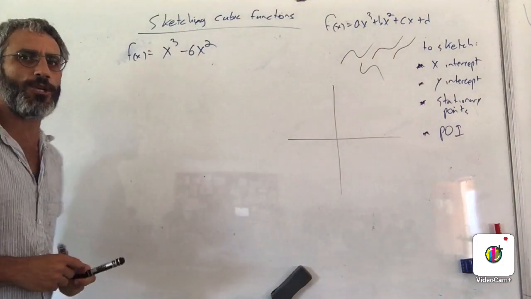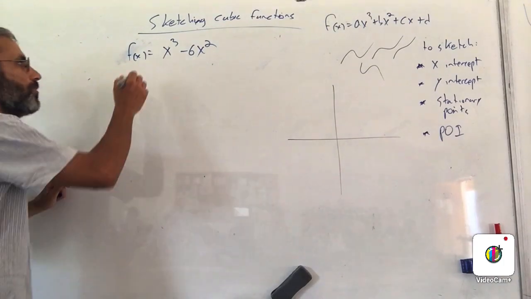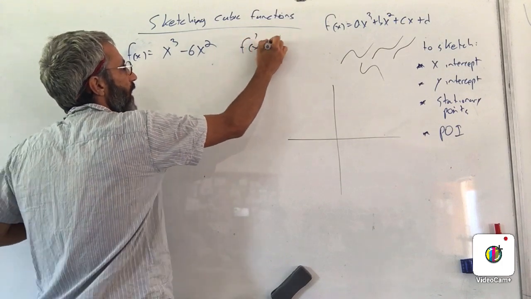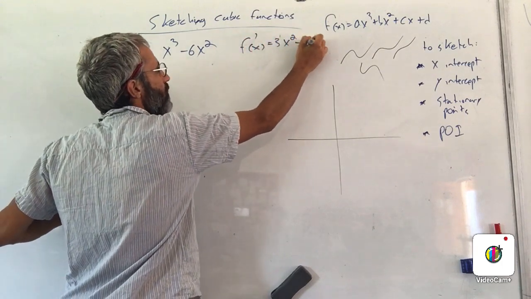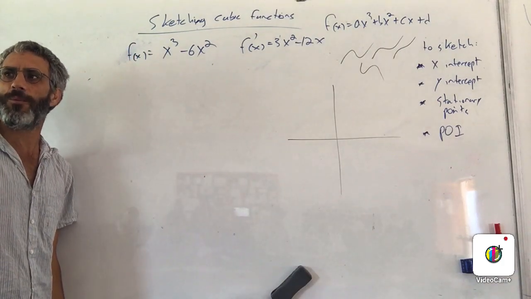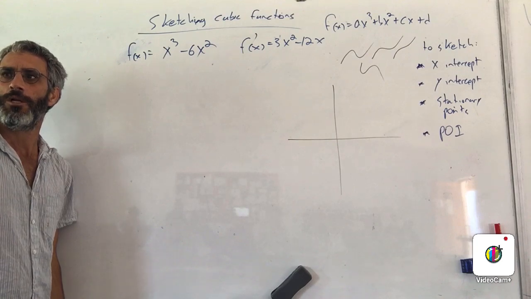How do I find the stationary point? This is all stuff we've done. Find the derivative. So we're going to have 3x squared minus 12x. What about the derivative? How does that help us to find the stationary point? To factorize?